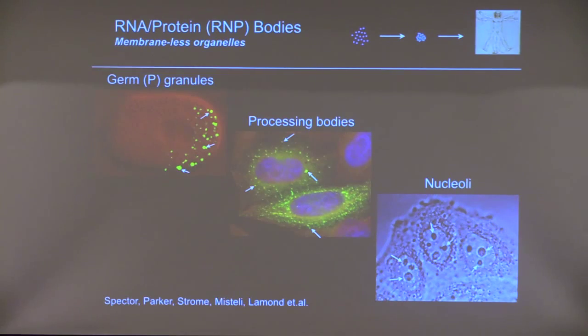In fact, it may be fair to say that most organelles in the cell, most of these large structures inside the cell, are not membrane-bound, but rather are dynamic assemblies. Typically they comprise both RNA and protein, and they go by different names: RNA granules, RNA protein bodies, or RNP bodies. I may use some of these different terms, but I mean the same thing.